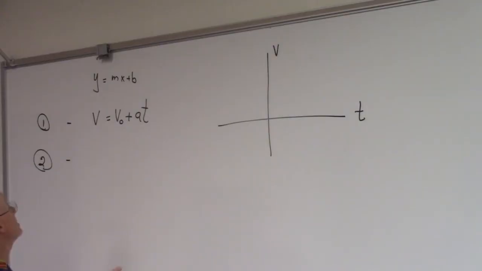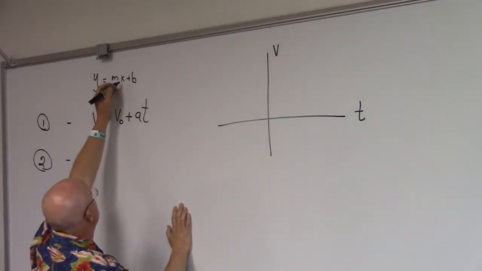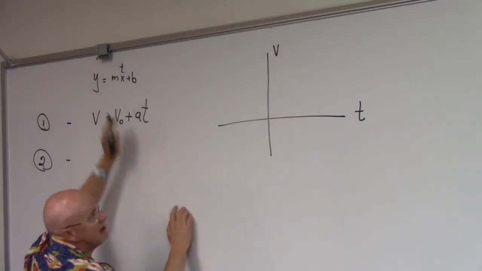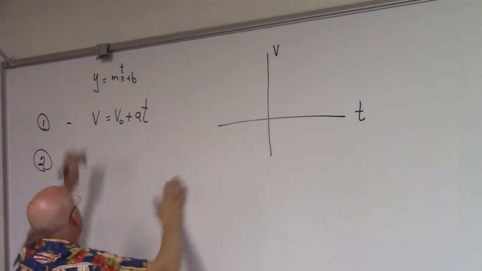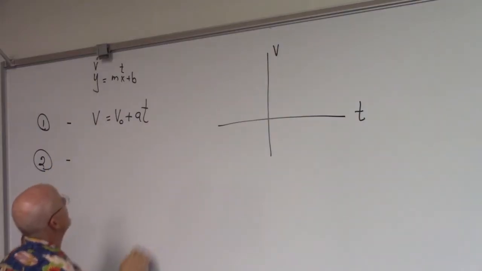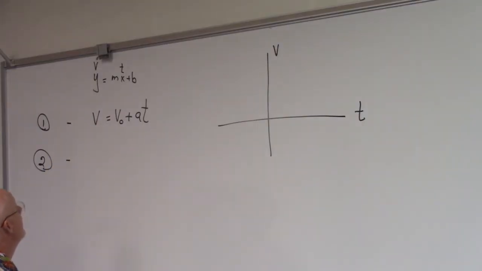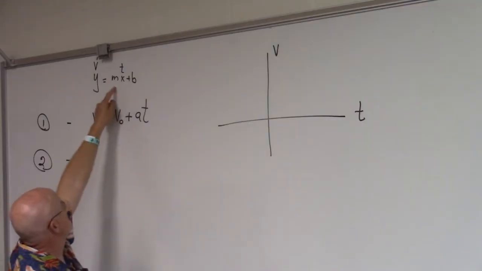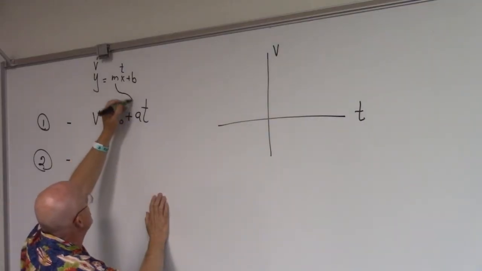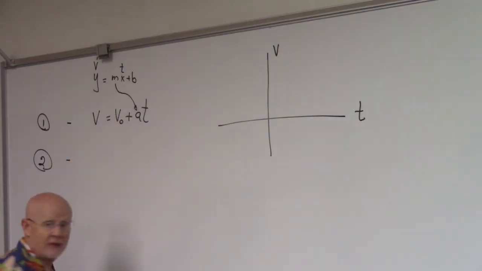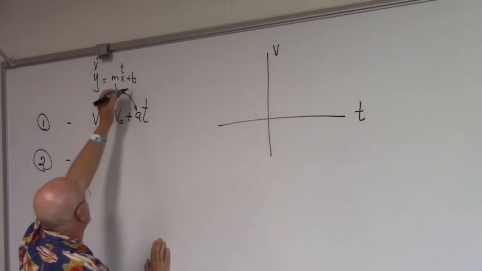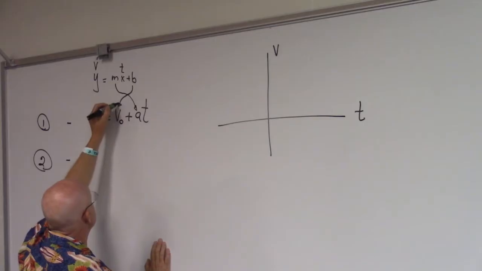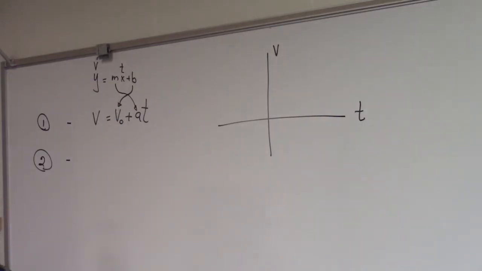So in our case, if you change the x to a t, that would be the horizontal axis, and you change the y to a v, then this is saying that the slope would be that number, the acceleration, and the intercept would be that number, the constant.